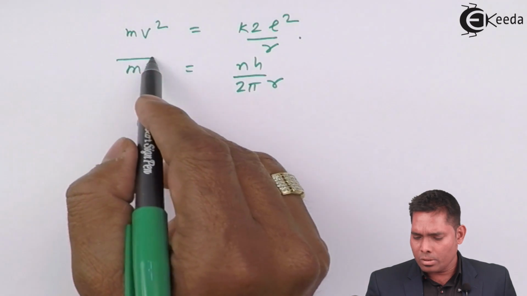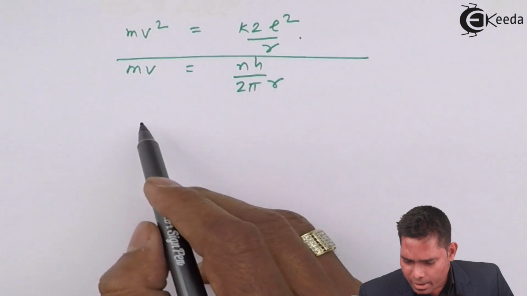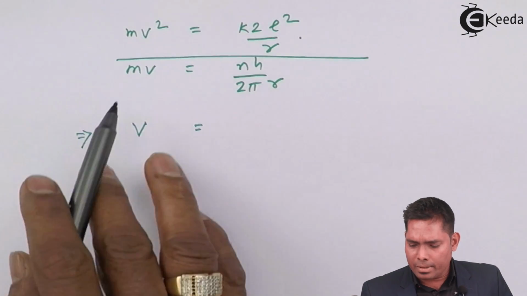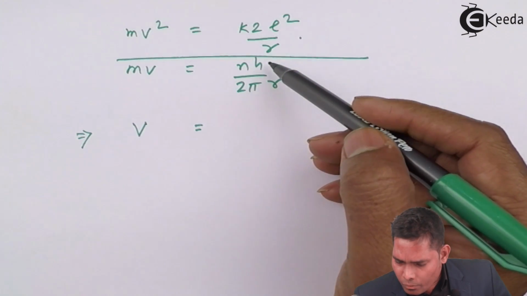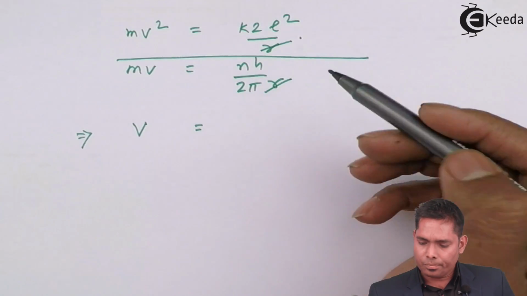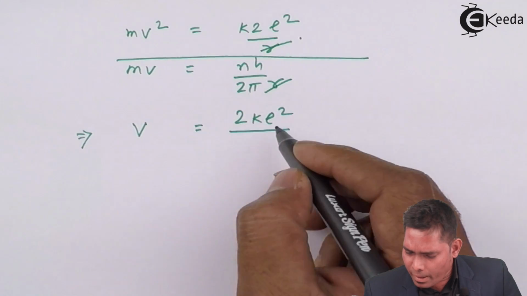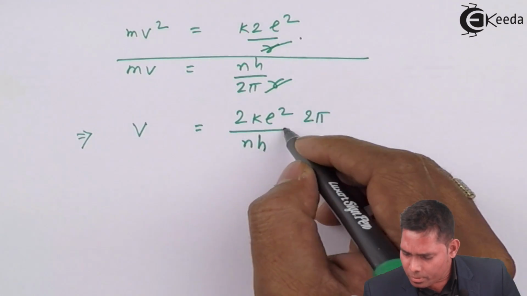If I divide them, mv will cancel and one v is left. Here 1 over r and 1 over r will also cancel out. 2k e square divided by nh over 2 pi will come up.